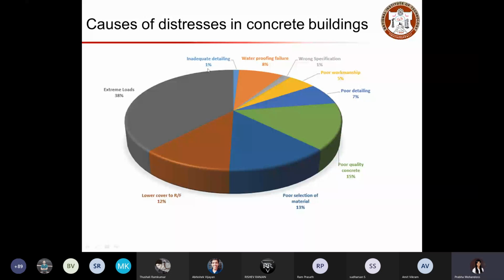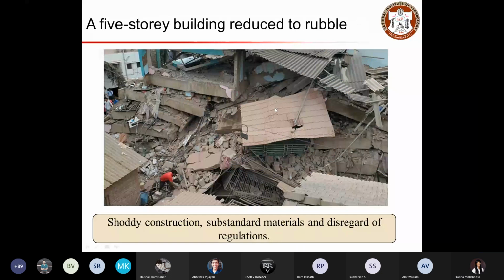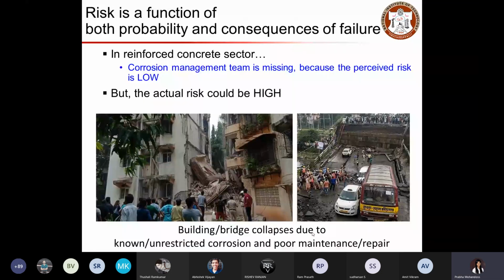So this was the picture I was showing in the title slide. This structure collapsed due to shady construction and the use of substandard materials, and they didn't follow any of the regulations that have to be followed for constructing this structure. And these are other examples, which show that risk is a function of both probability and the consequences of failure.